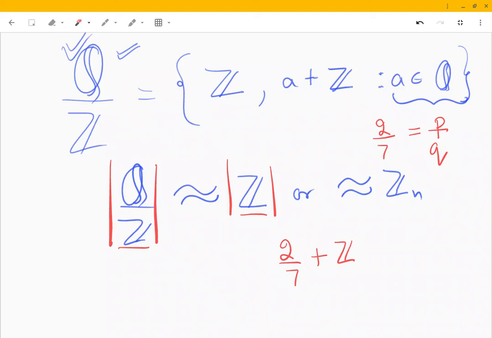And now, let's actually see what is the cardinality of these two sets. This set has all the elements belonging to rationals. Rationals are countable, integers are countable, so the cardinality is the same. That is not an issue. Okay, what about Zn?